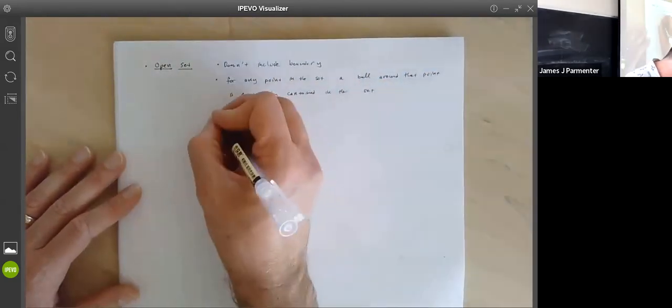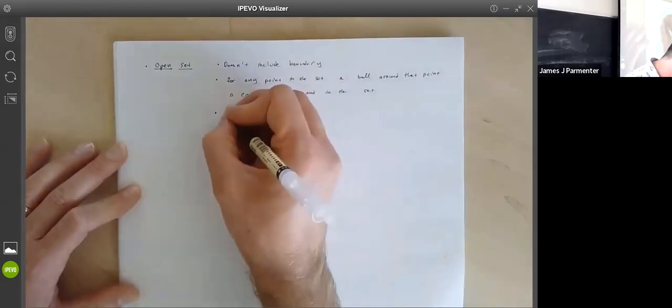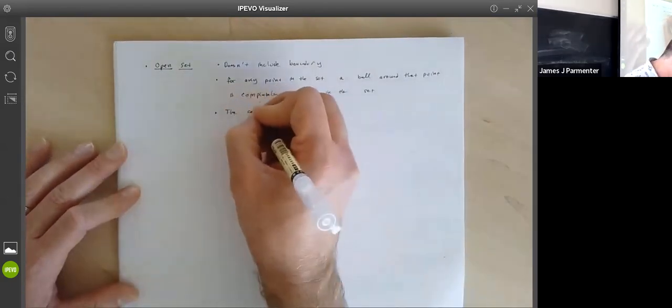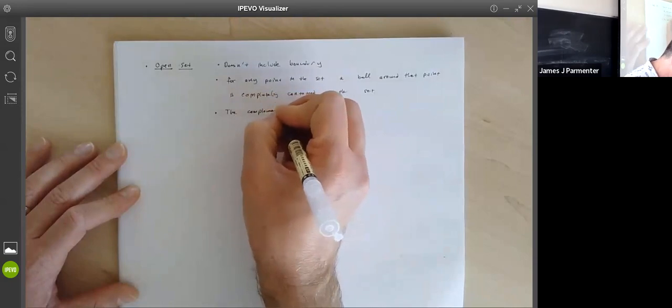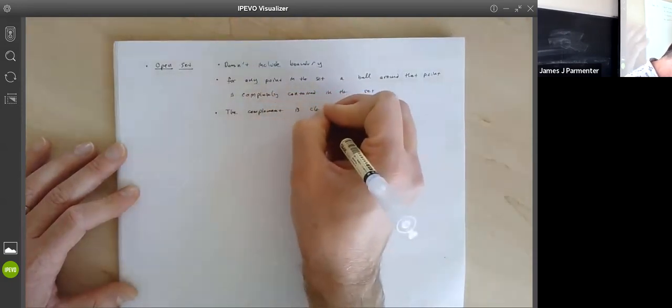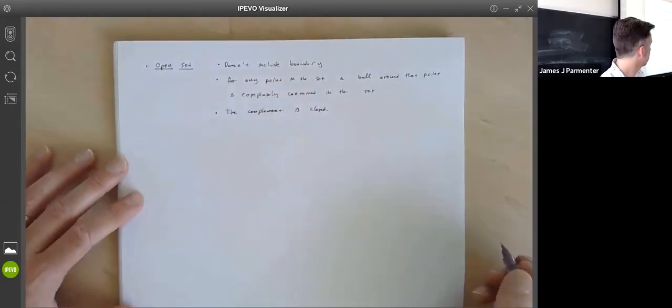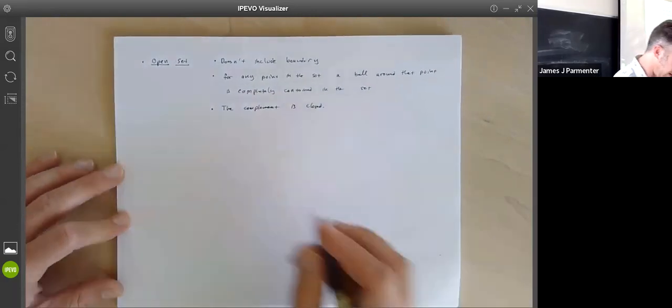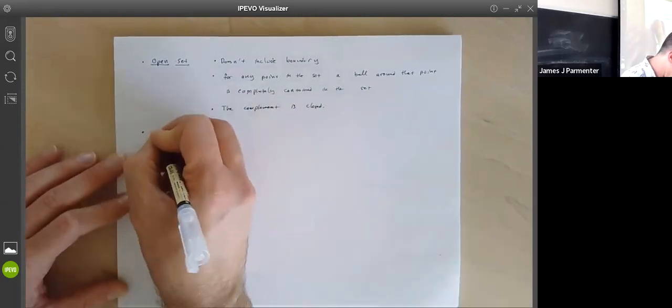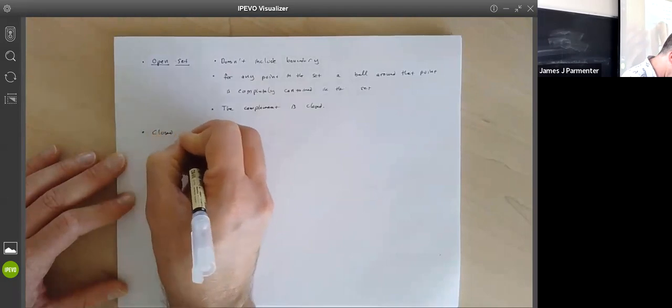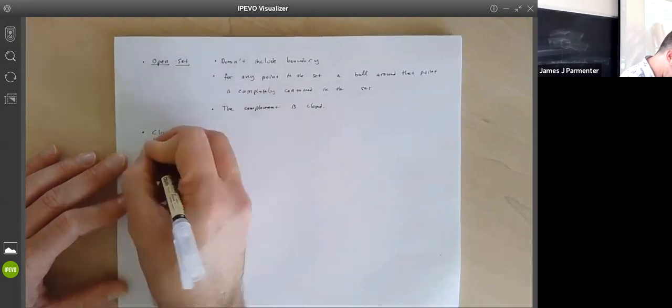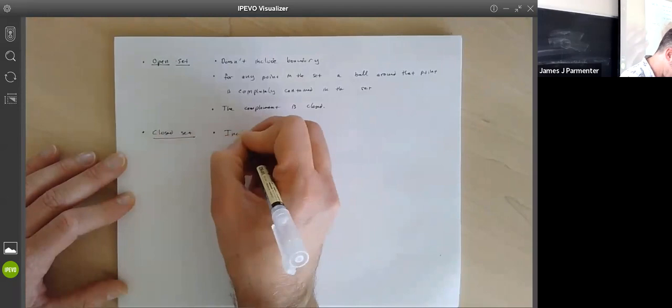And then the third way of thinking about an open set is that the complement is closed. And then for a closed set, it's going to be kind of the opposite things. To be a closed set, you can think of it as the set includes the boundary.